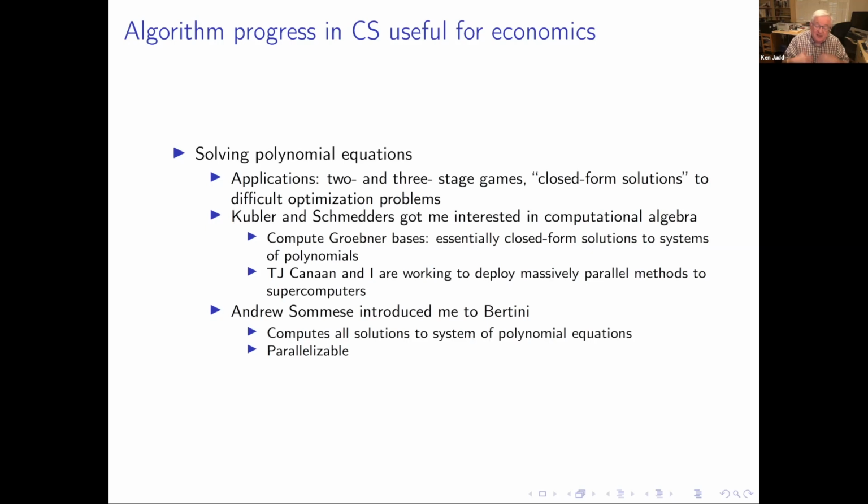Essentially, because the computational burden is very low once you've done the transformation. So now what TJ Cannon and I are doing is working to deploy versions of these Gröbner basis methods that can exploit massive parallelism and take that to supercomputers. And by the way, TJ Cannon happens to be at the University of Texas, the same location as Stampede, the supercomputer I mentioned earlier.